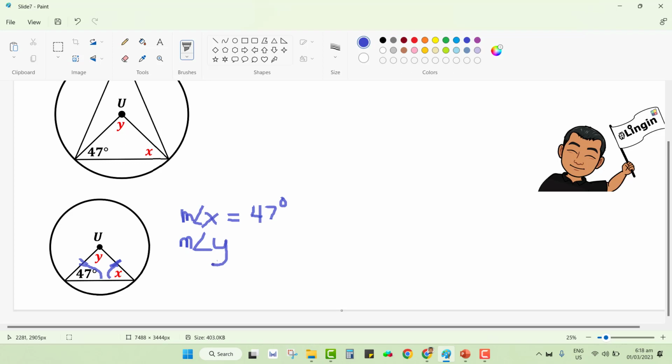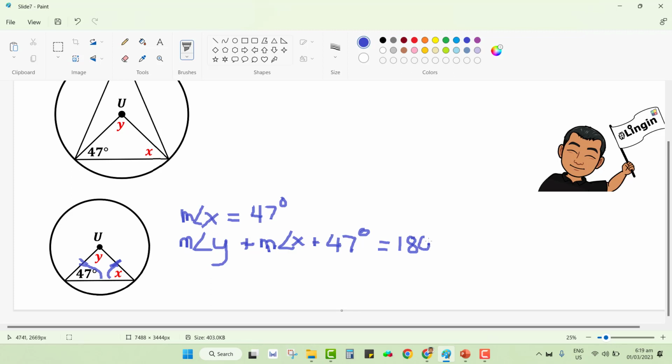Because, as mentioned earlier, according to the Triangle Angle Sum Theorem, if we are to add the measurements of the interior angles of any triangle, it should sum up to 180 degrees. That would mean the measurement of angle Y plus the measurement of angle X plus the 47 degrees, which is already given in the figure, must sum up to 180 degrees.